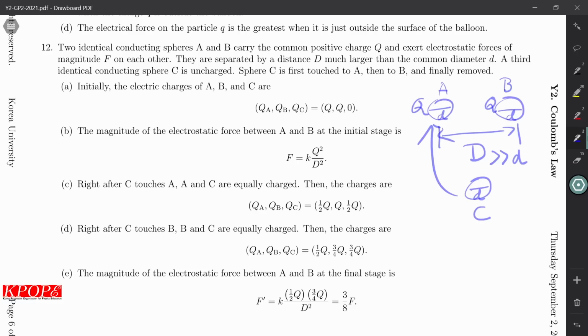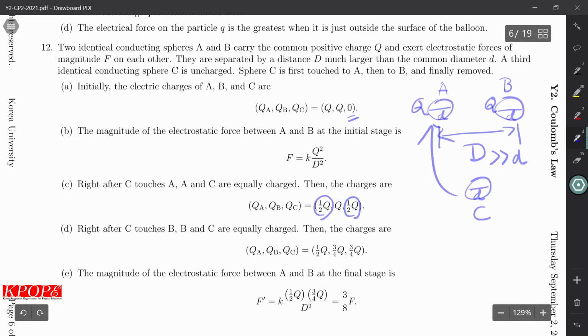When it touches A, because they are identical in diameter and the materials are the same, the charge Q must be distributed evenly in the whole system, A plus C. So after touching, A and C are each charged with half of A's original charge.